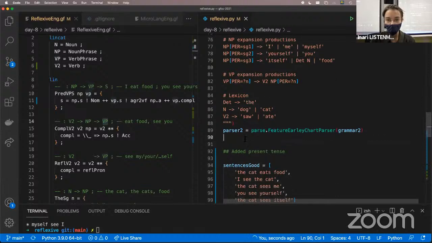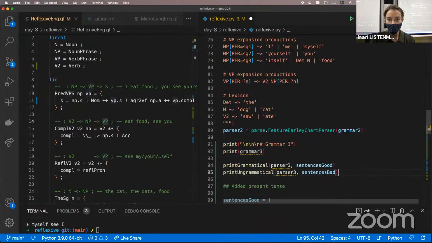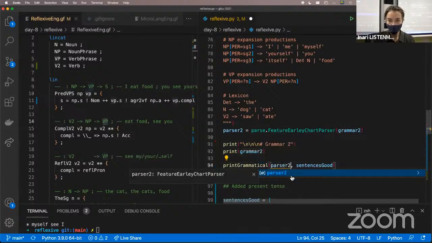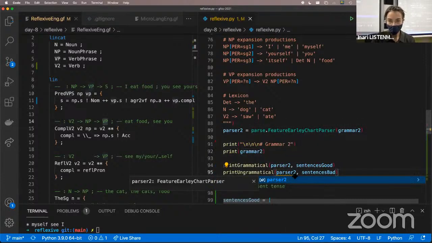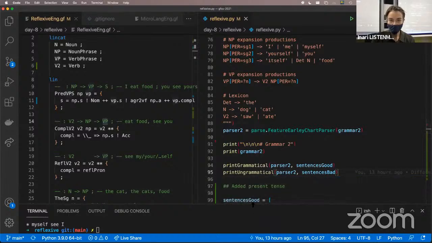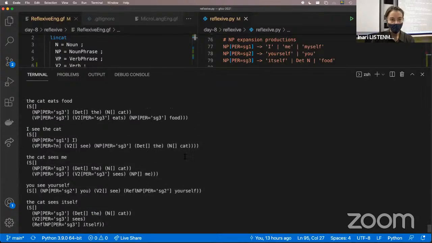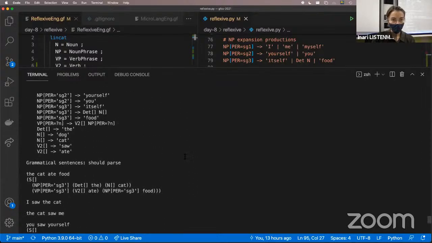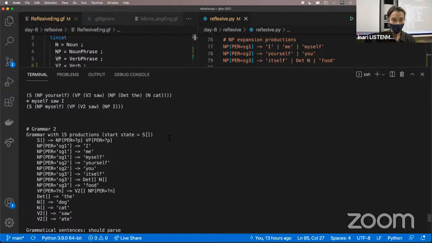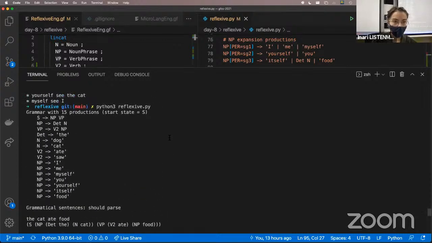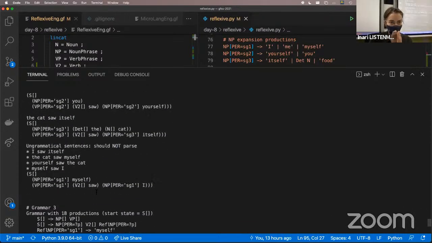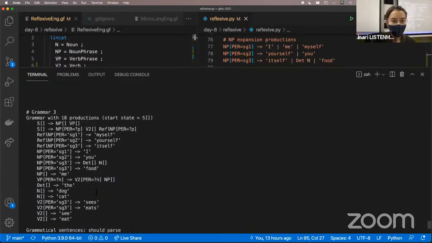So right, the first ones, there are 15 productions, 18.